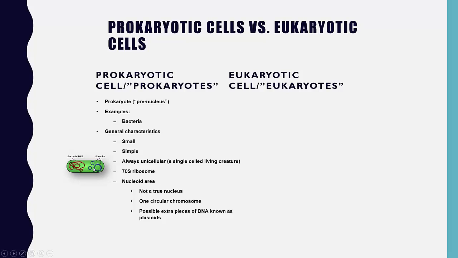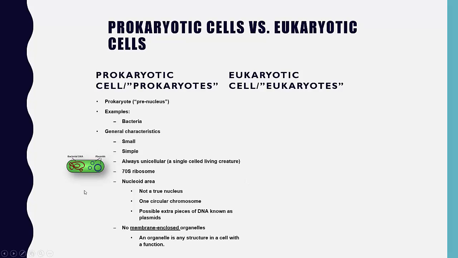They might have, for example, genes to make toxins, genes to make special structures, or genes for antibiotic resistance. And plasmids can be shared between one bacterial cell and another.